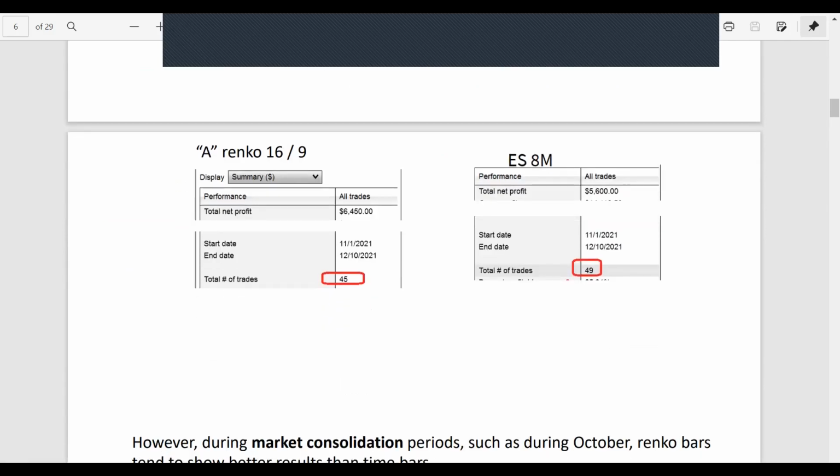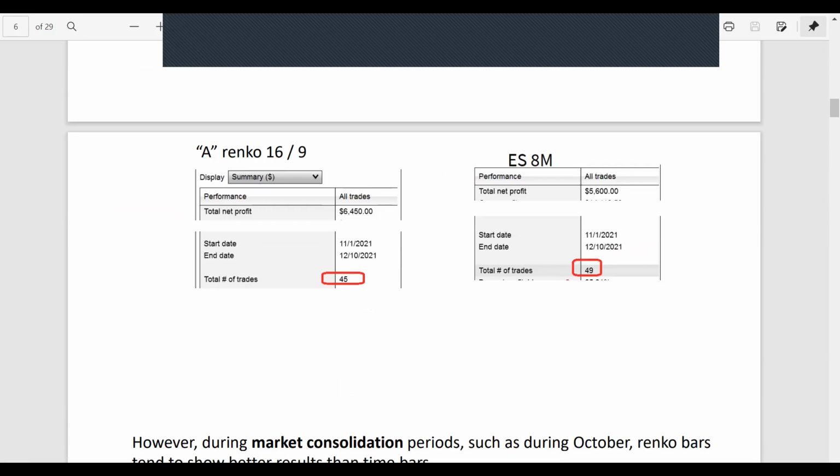So I'm referring to the NISA Renko Bar, and the brick size 16 had 45 trades, while a comparable time bar of 8 minutes had 49 trades, and the results were less than $1,000 apart.